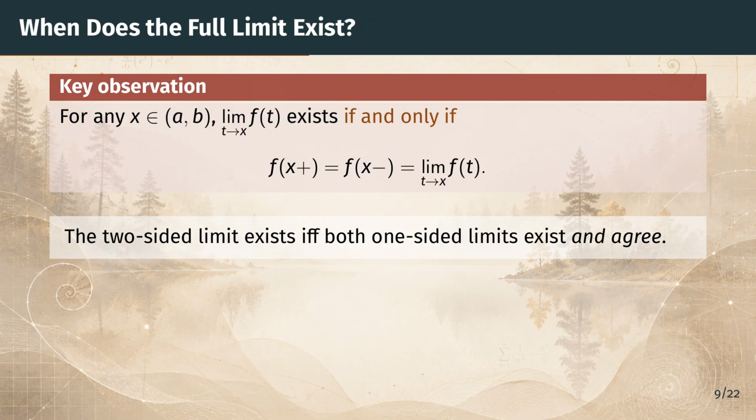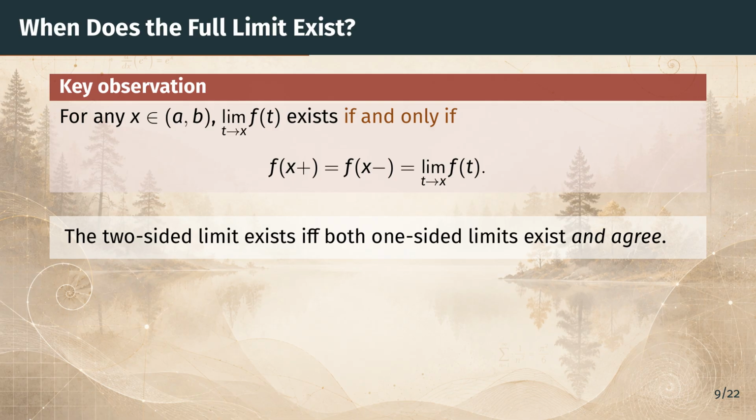This observation ties the one-sided limits back to the ordinary limit. At an interior point x, the full two-sided limit exists if and only if both one-sided limits exist and are equal to each other. When that happens, their common value is the limit. This makes sense. Approaching from either side has to give the same answer for a genuine limit to exist.